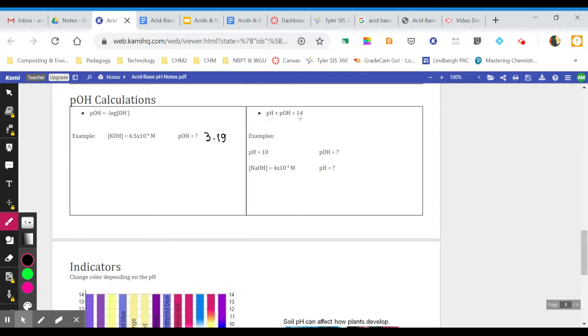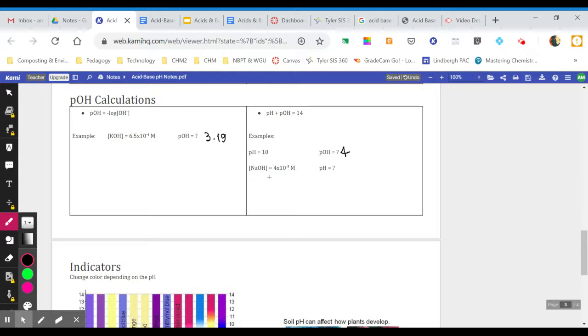So that's how we get that constant number. But if we know the pH, we can then figure out the pOH and vice versa. So in this example here, if we have a pH of 10, the pOH must be 4 because 10 plus 4 equals 14. So the pH and the pOH is always going to add up to be 14.